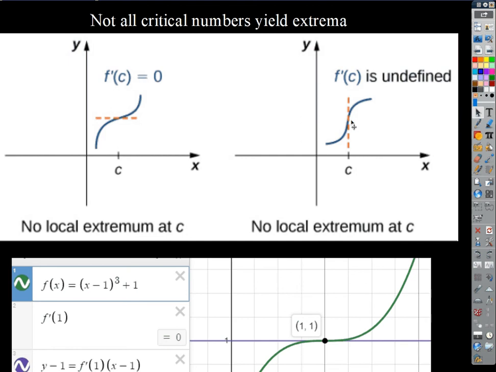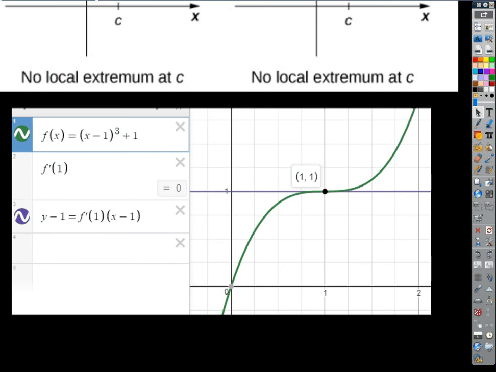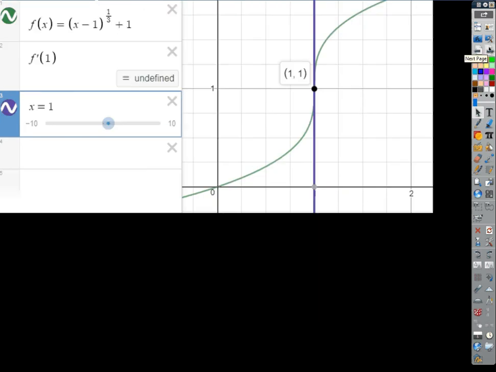So there's another place where the derivative would be undefined because I have a vertical tangent line, but it's not an extremum, okay? And there's the example of a cubic function, right? The slope of the function right there is 0, but clearly it's not an extremum. Okay, and there's another one where the slope or the derivative is undefined, okay?